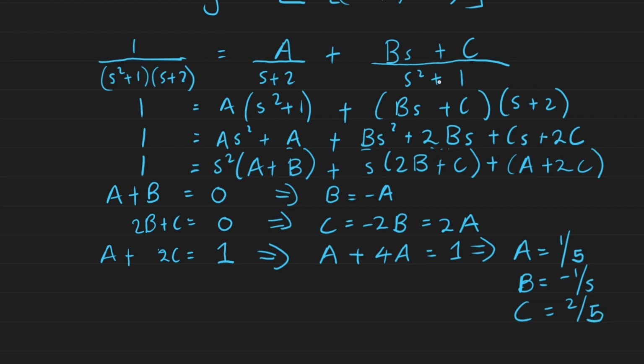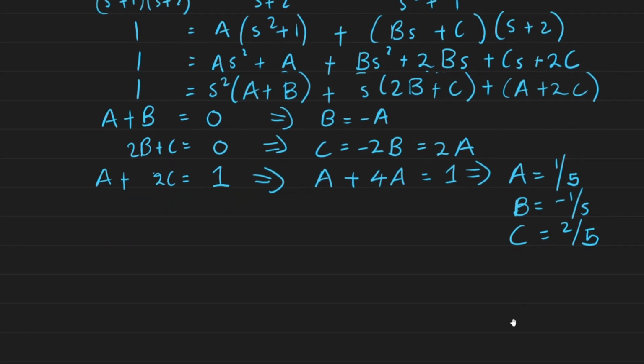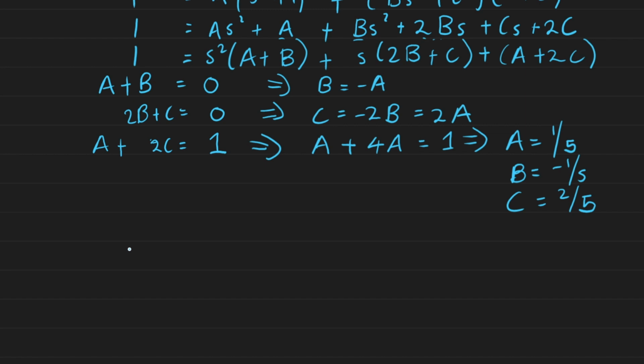So substituting all of these things inside our partial fractions, what this means is that our 1 over s squared plus 1, s plus 2 was equal to a, so a is 1 over 5. So we have 1 over 5 into 1 over, so that's a 5 not an s. We have s plus 2.